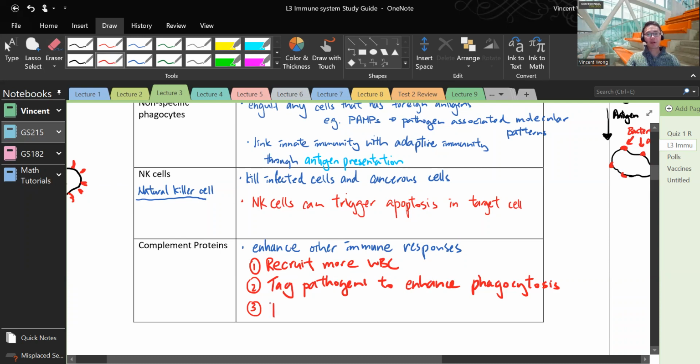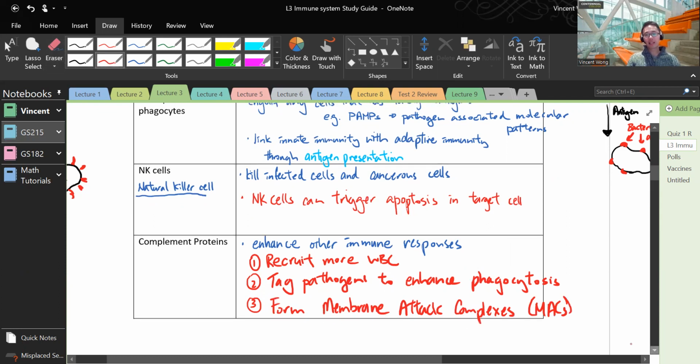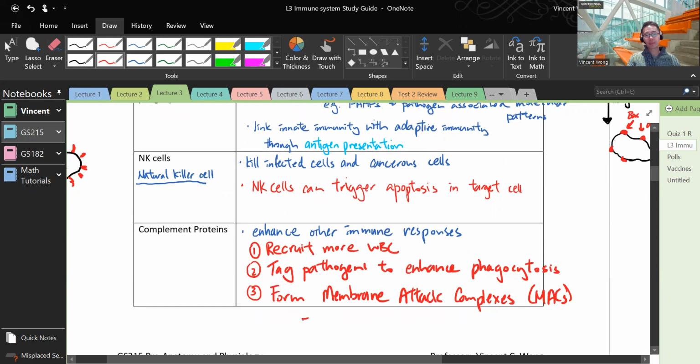And they also can form these membrane attack complexes, okay, or MACs, which would then punch holes in bacteria, in the bacterial cell wall.